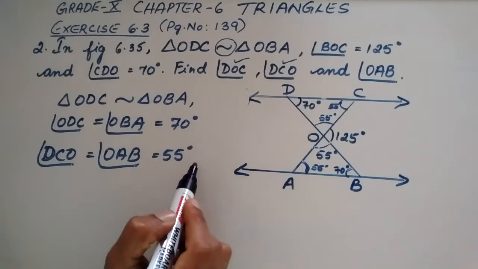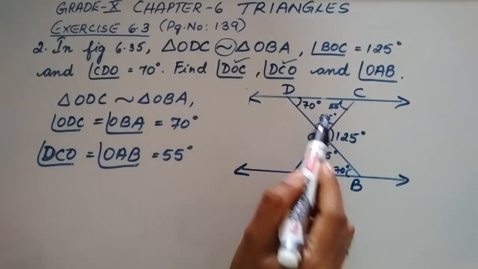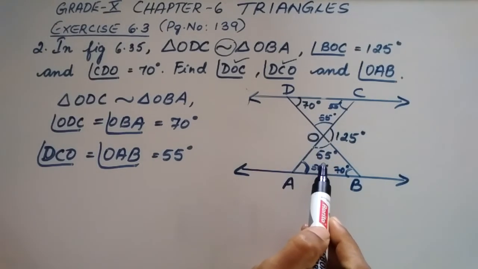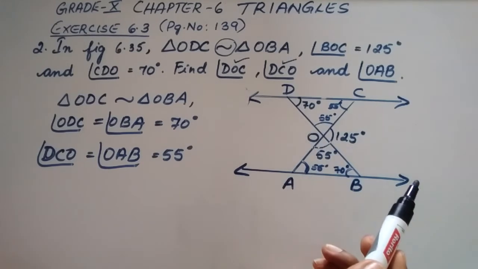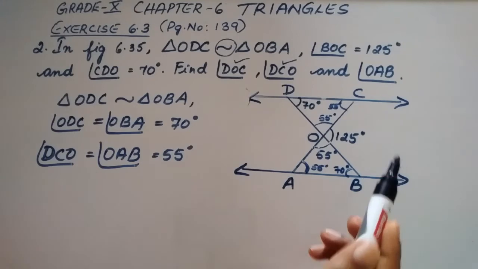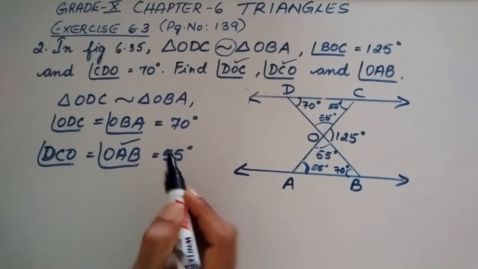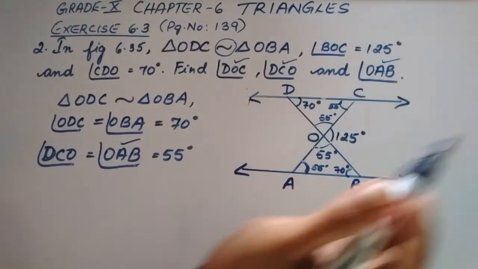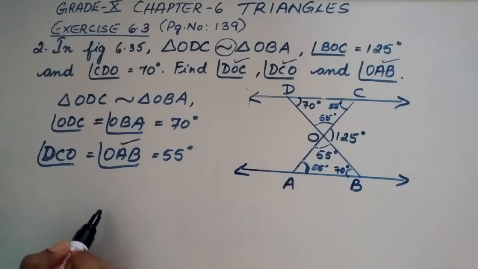And what is the reason? If triangles are similar, then their corresponding angles will be equal. So now we got OAB as 55 degree. Is this clear, students? Thank you, students.